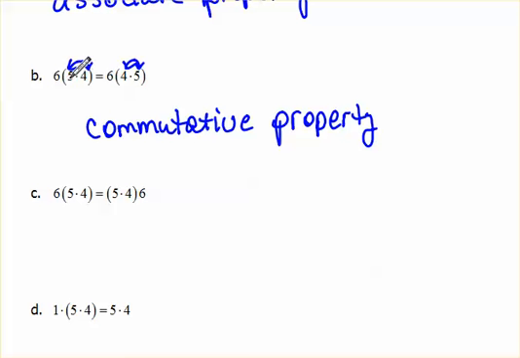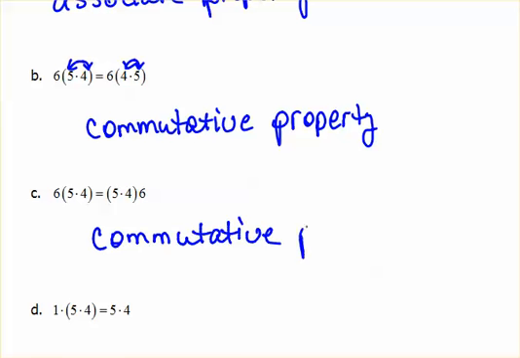You're doing 5 times 4 and 4 times 5. Otherwise, the 6 is still being multiplied to those same things. So that's the commutative property of multiplication. Now for our next one, we have 6 times 5 times 4 equals 5 times 4 times 6. So this one again is the commutative property.